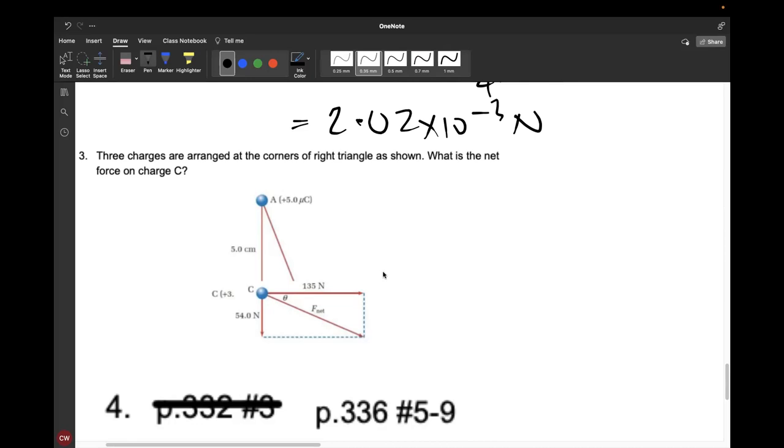What is the net force on C? Three charges. Where are the three? Triangle. Corner of the right angle. Is it this one?